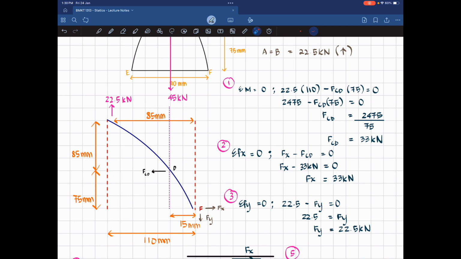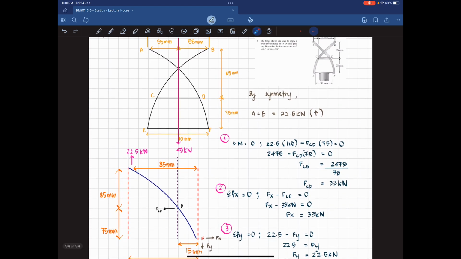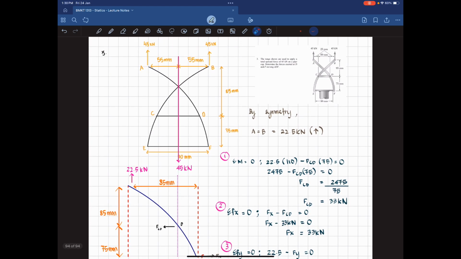For the free body diagram, as usual, we will label all the distances from the question. This one is 85, and this one is 75, and from the question we know that it is symmetrical. Thus the distance at the right side and the left side is equal.